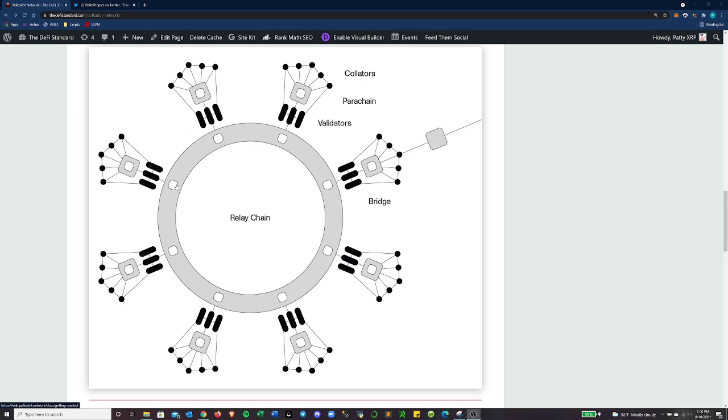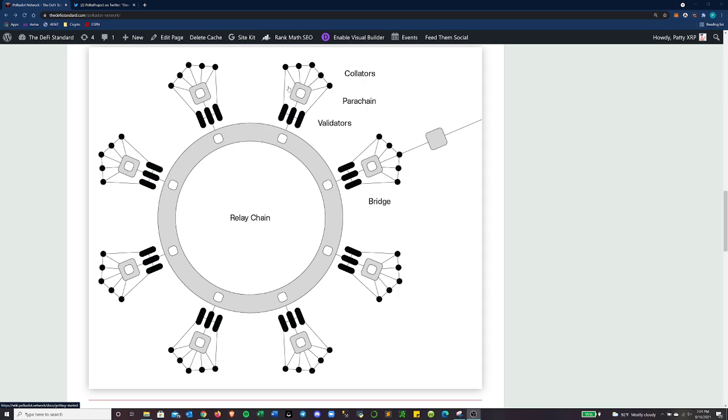And the inflation of the DOT token is paid back to validators that are included in the active validator set, which are the ones that are actually ordering transactions, verifying what happens on these parachains, state changes with other blockchains. They verify and order all of that for the entire connected ecosystem.